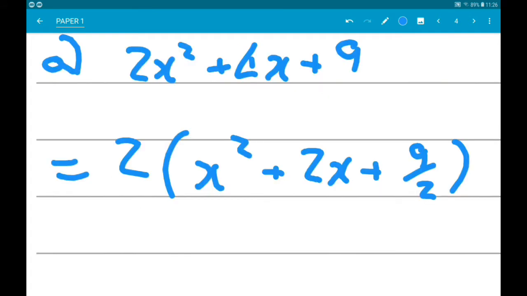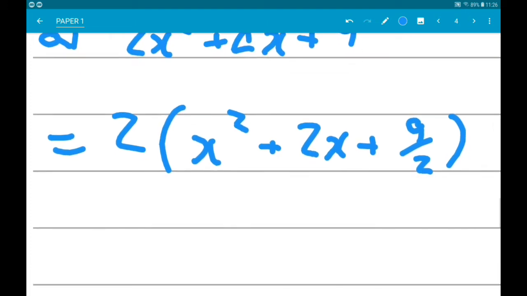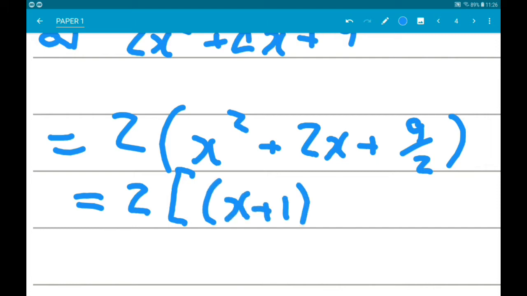So we have 2 on the outside. Now on the inside, we're gonna have x add 1 squared, now we need to subtract the 1, so we have 9/2 minus 1, so that's 7/2.